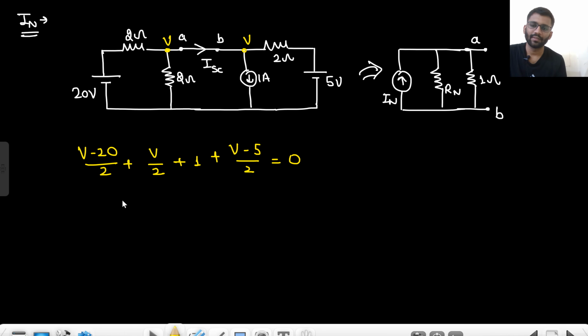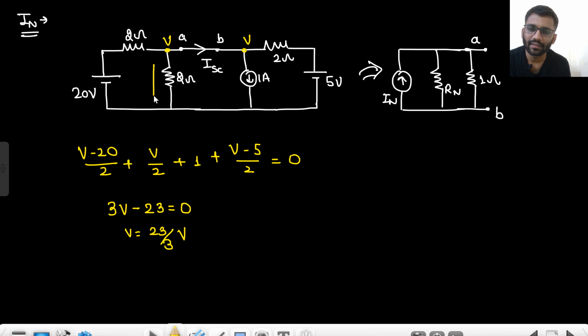So it will be 4V, it will be 3V minus 25 plus 2, minus 23 equals 0. Am I doing the right calculation? 3V minus 18 minus 5, 23, so V value is 23 by 3 volt.